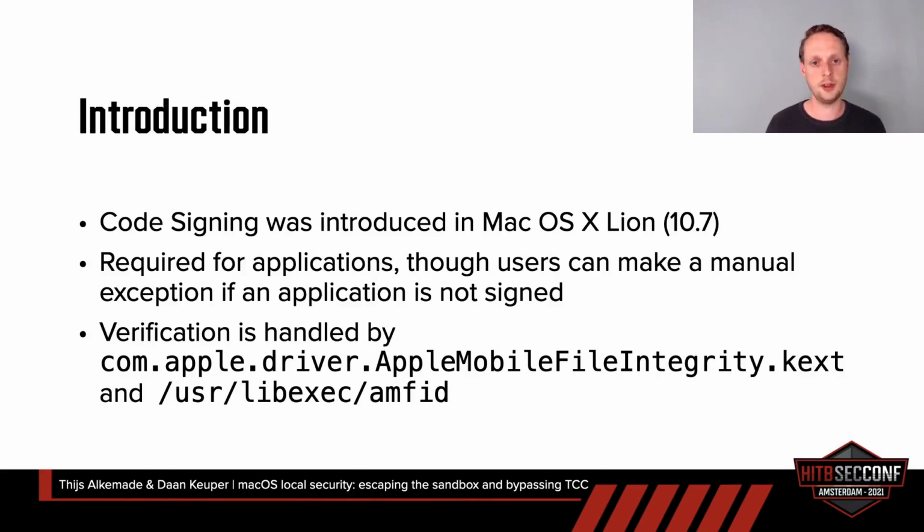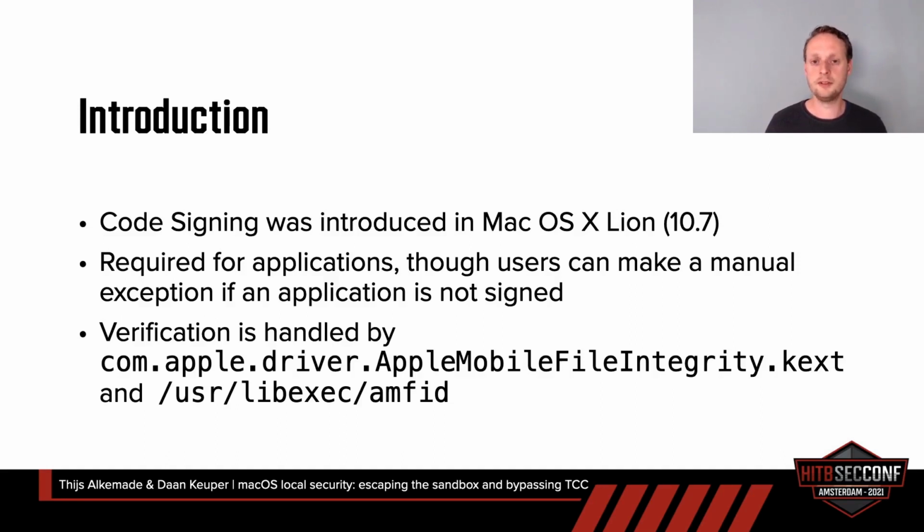It was introduced in macOS Lion, which was a long time ago. And it's currently required if users would like to install an application that it's signed by Apple. Users still have the option to also install applications that are unsigned, but they have to explicitly approve running that app in the privacy and security settings.